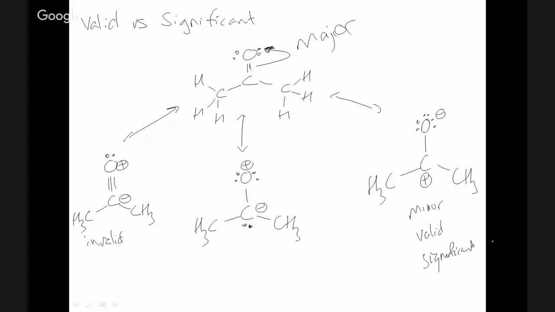So let's do a few more examples to help us see. Some of these we've done. I want to give you some words to explain some of what we've already seen. Let's see some types of resonance.